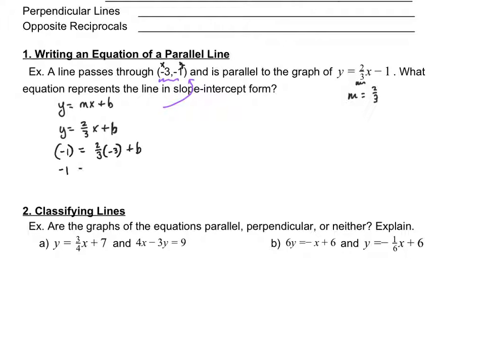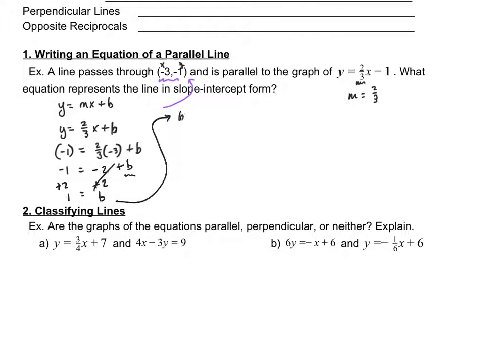I have -1 is equal to 2/3 times -3, which gives me -6/3, which is also the same thing as -2, plus b. And then to isolate b, I'm still trying to get b by itself, I add 2 to both sides, and I have b is equal to 1.